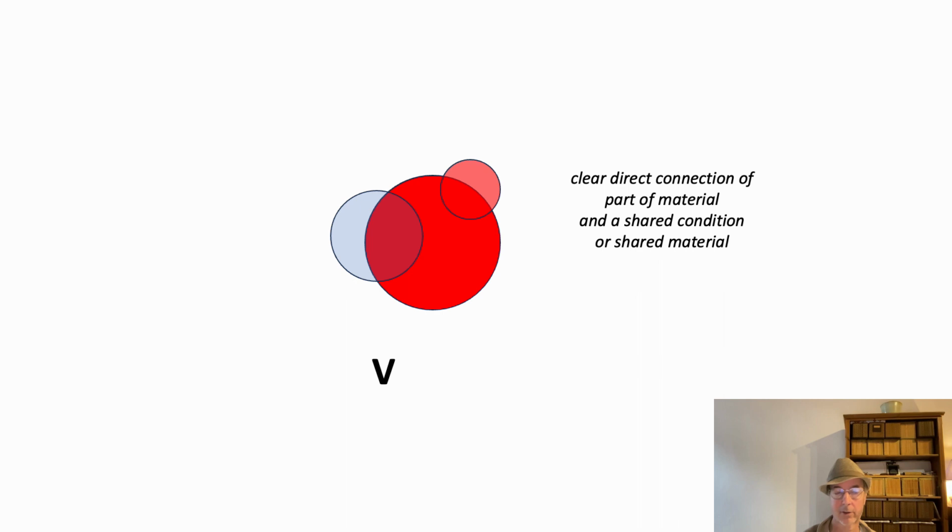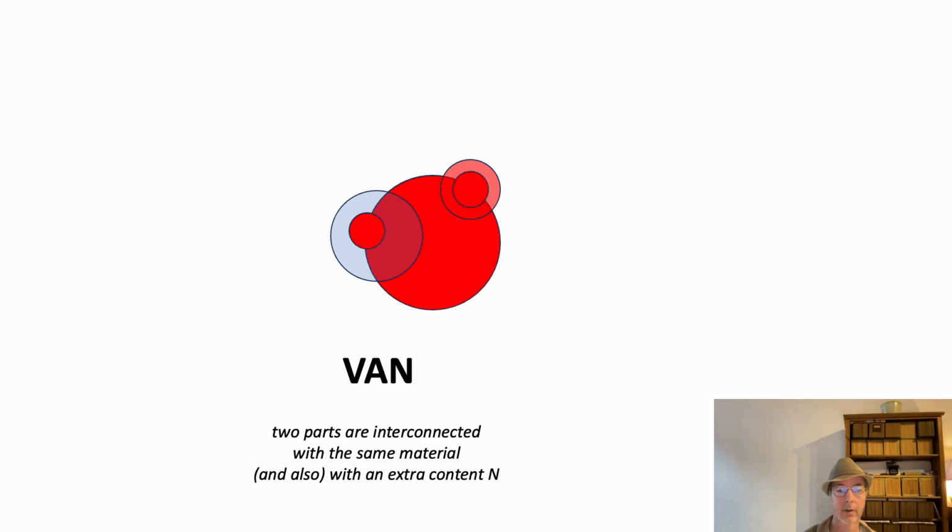It could be expressed also like this. And the word van, as an example: there are two parts interconnected, and it has the same material in it, and there's an extra content in the middle. So van can be expressed like this as well, without the movement, but it is present in this presentation.